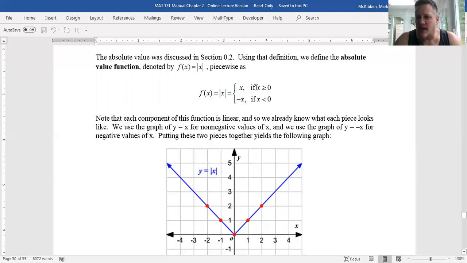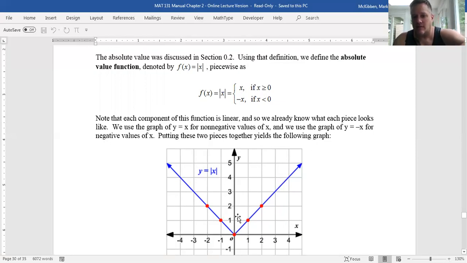Well, if x is non-negative, so you take inputs to the right of the y-axis or on the y-axis, the graph of the absolute value of x is the same as y equals x, right? And so here, I'm going to graph y equals x. The points (1,1), (2,2), (3,3), all the way up and down, the line is on that graph.